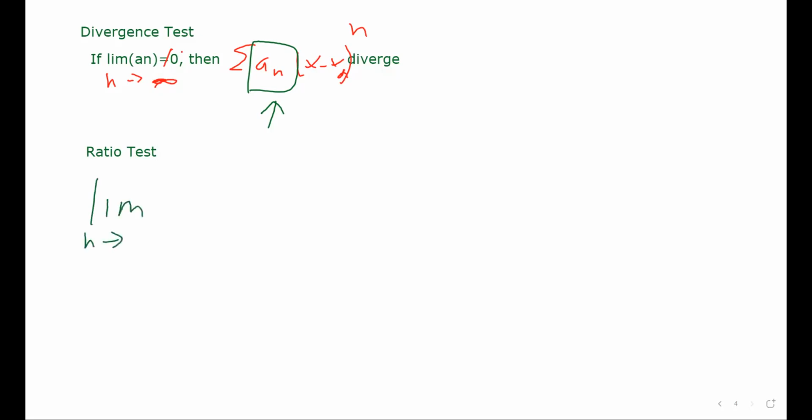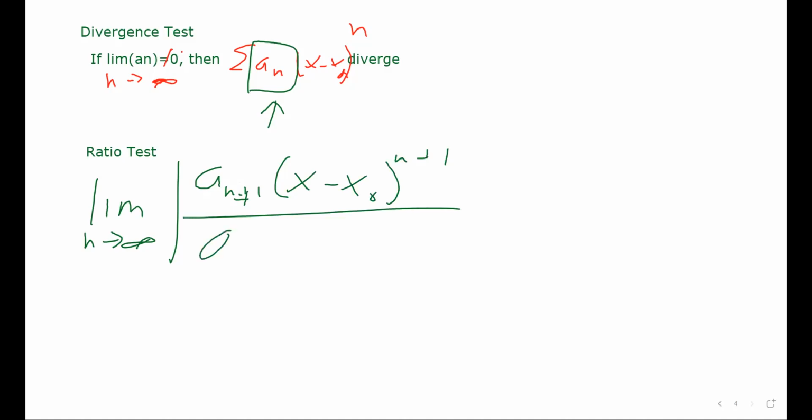So limit as n goes to infinity of the absolute value, because that's important, of a sub n plus 1 times x minus x naught to the n plus 1 over a sub n times x minus x naught to the n.